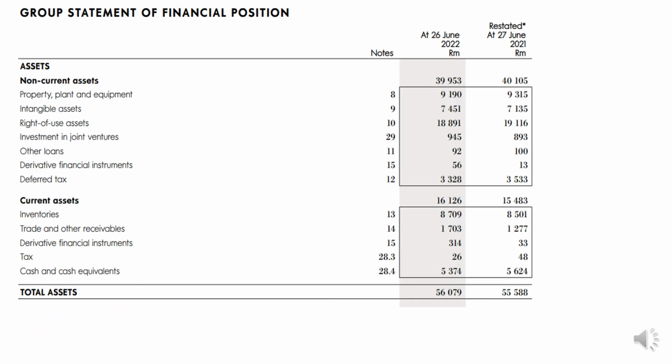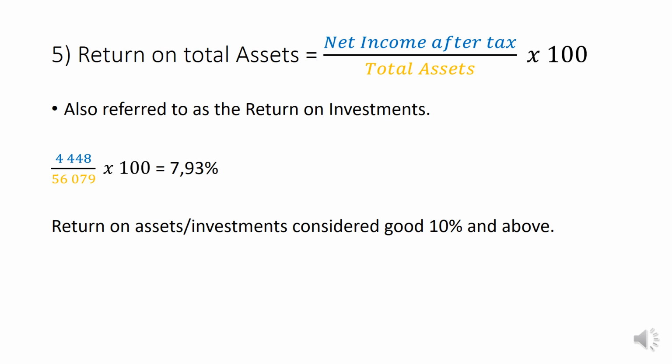And in our balance sheet or our statement of financial position, we have our total assets, which for the year of 2022 was 56,079. Our last calculation, which is the return on assets, also ROI, return on investment, will be our net income after tax divided by total assets.